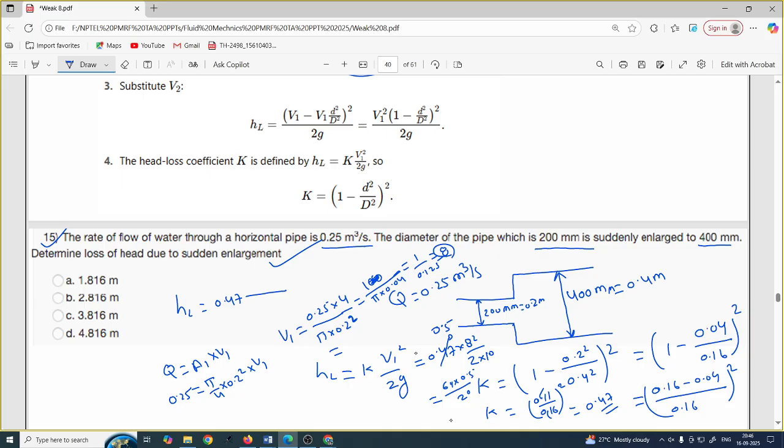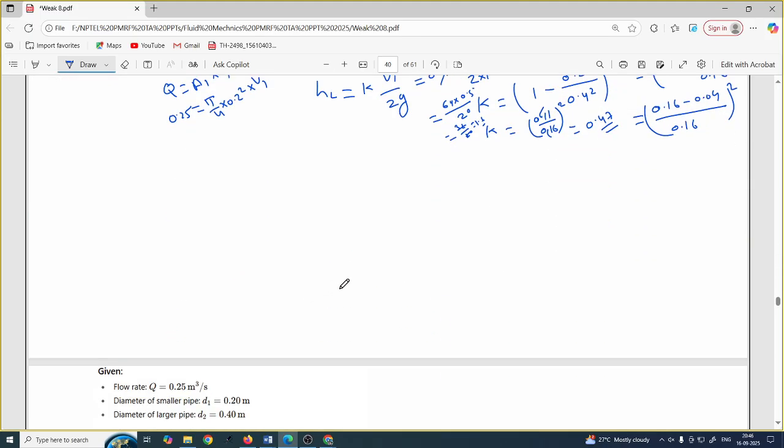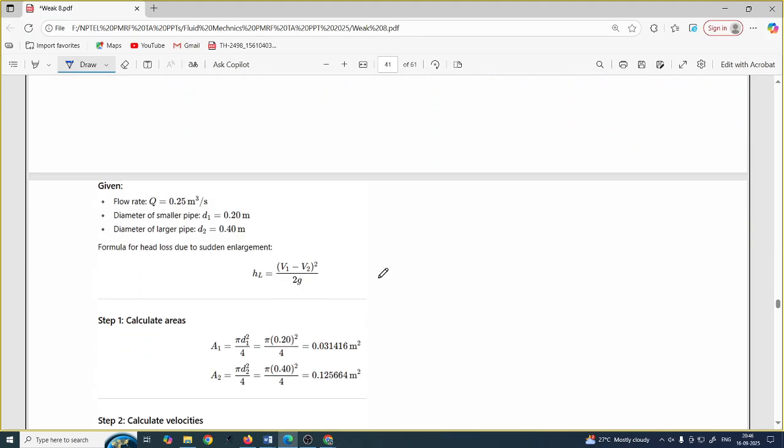So this is your 32 divided by 20. Once you calculate, this will be 1.6, means near to the 1.6. So we can say the 1.8 may be the correct, if the calculation is correct throughout.